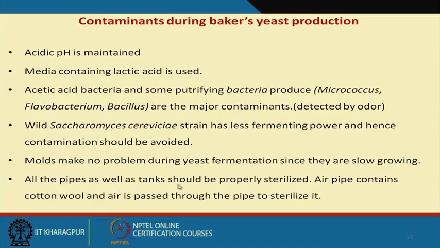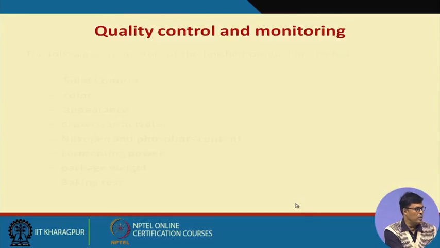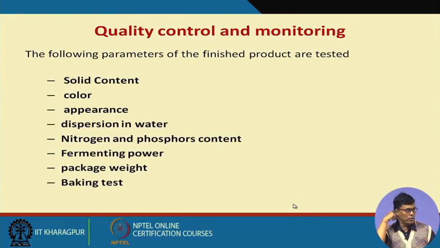All pipes as well as the tanks should be properly sterilized. The air pipe contains cotton wool, and air is passed through it to sterilize. Now, quality control tests are also very important as far as Baker's yeast fermentation is concerned. I want to point out a very important thing: in any biochemical industry, quality control tests in three different sections are important.